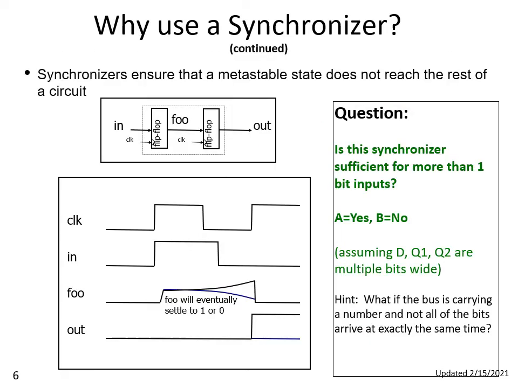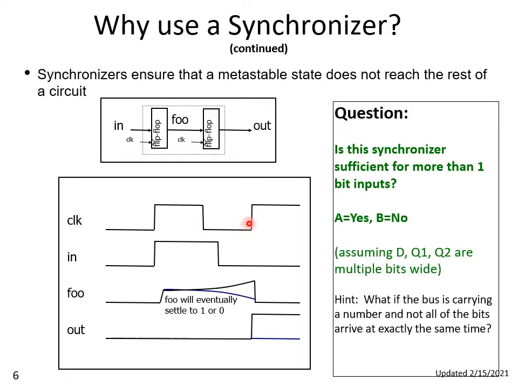So here is an illustration of how the synchronizer behaves subject to a timing violation of the input. So I have an input, arrives very close to the clock edge. The output of that first flip-flop goes metastable initially, settles out to a 1 or a 0, but you don't know which one it's going to settle out.